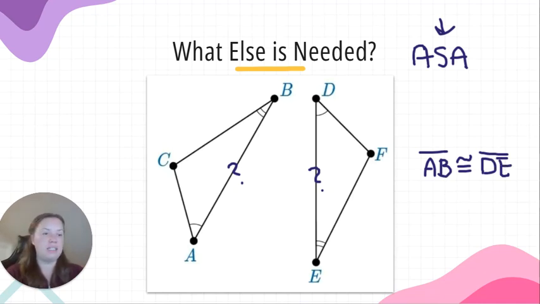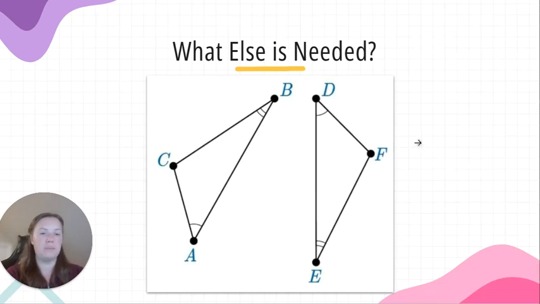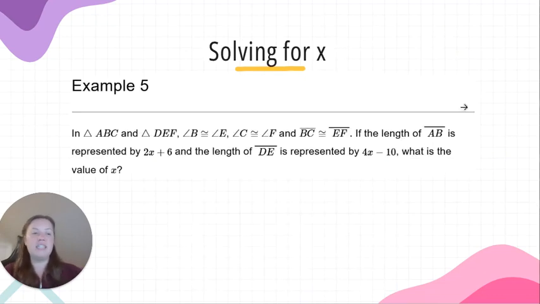Let's look at some more examples here. This is a solving for x example that I just wanted to go over because we haven't solved equations in a little while, and yes, equations aren't going away.